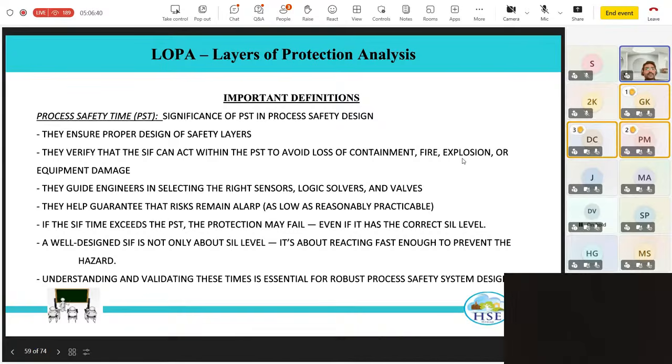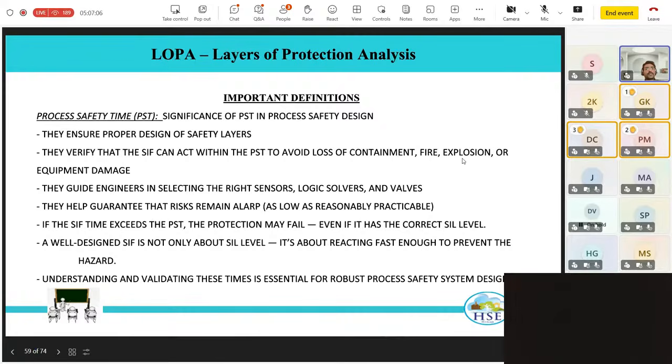Next, it guides engineers in selecting the right sensors, logic solvers, and valves. Now, obviously, this is a prerogative of the instrumentation folks. However, we as process safety or process engineers need to know that the total response time for each of the sensors, logic solvers, and valves is within our process safety time. This input can be sought from instrumentation, and they may seek it from the vendors.